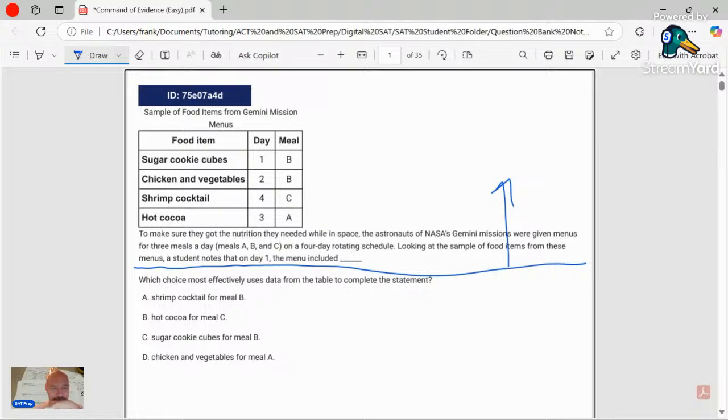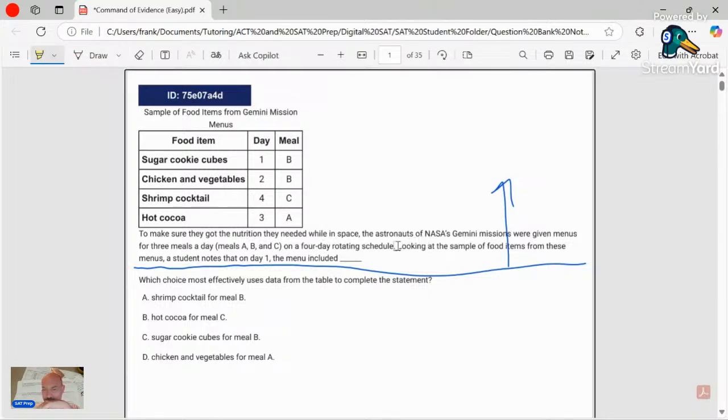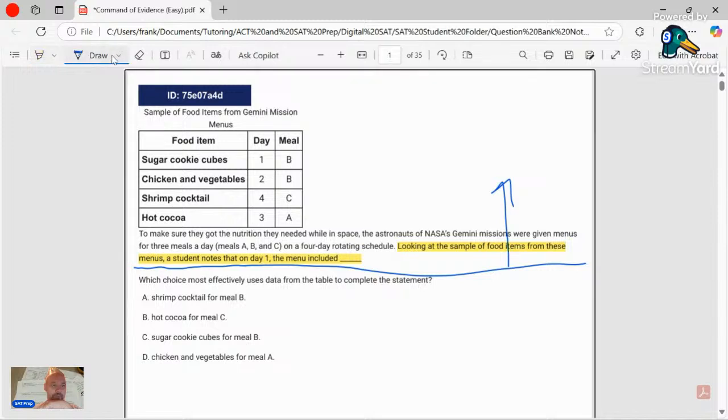Shrimp cocktail for meal B. Well, I guess I have to read the statement anyway, because what if it says, which of the following is not on the table? And that one isn't. Okay, so it says, looking at the sample of food items for these menus, the student notes that on day one, the menu included... So what's on the menu on a certain day? And so we want to effectively use data. So I need to look at the answer choices that mention things on the menu.